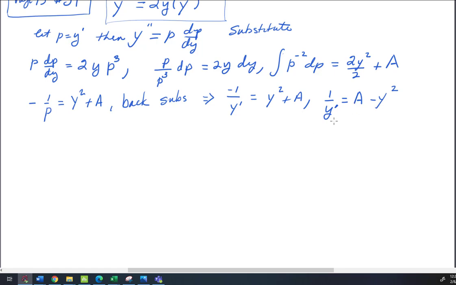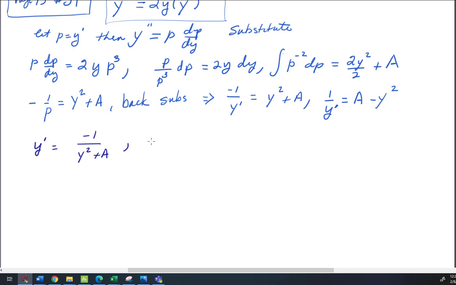All right, so then what next? Well, next I would take the reciprocals. Even better, I like this as y prime equal negative 1 over y squared plus a. So that's the same thing. I just changed my mind about where to put that negative sign. And I think that makes the rest of this a little easier.